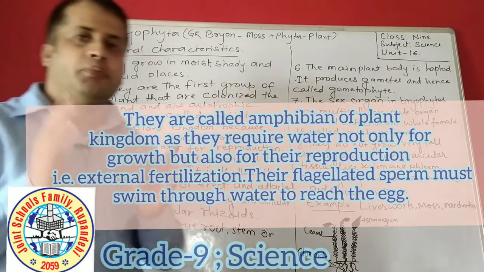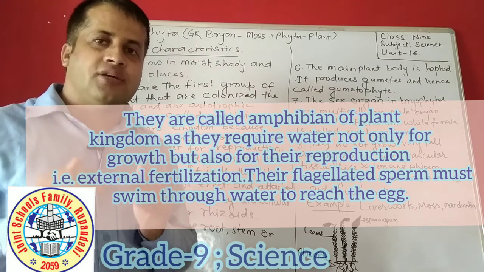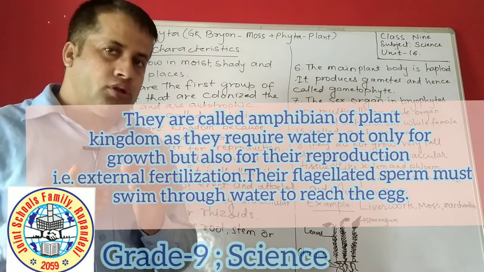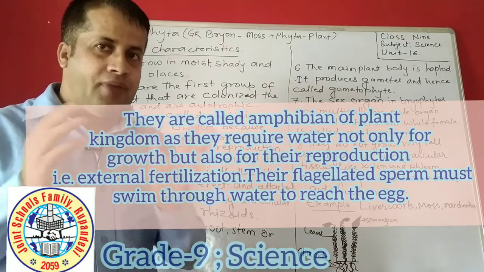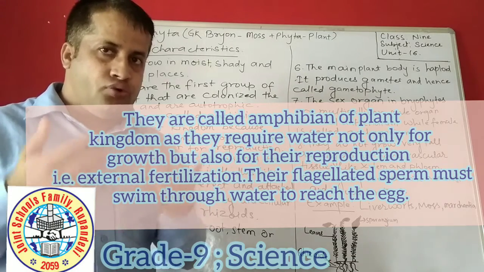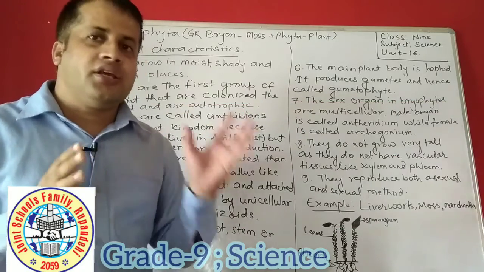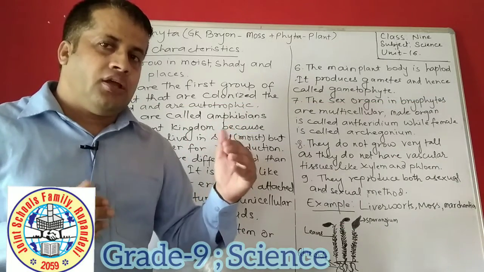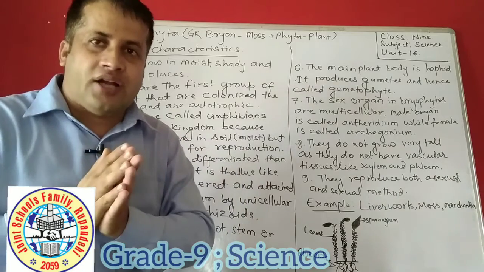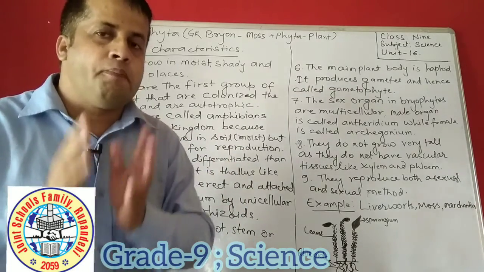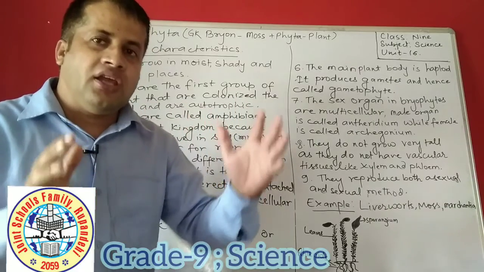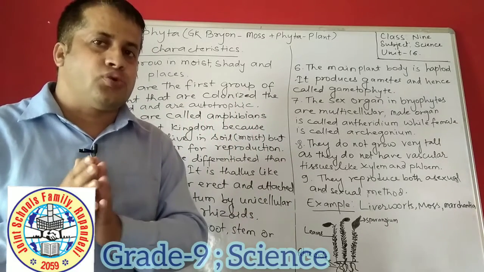Amphibian means those organisms which can live both on land and in water. In the general sense we call them true amphibians, but in the case of plants, they will not grow completely inside the water. They will remain nearby the water resources.